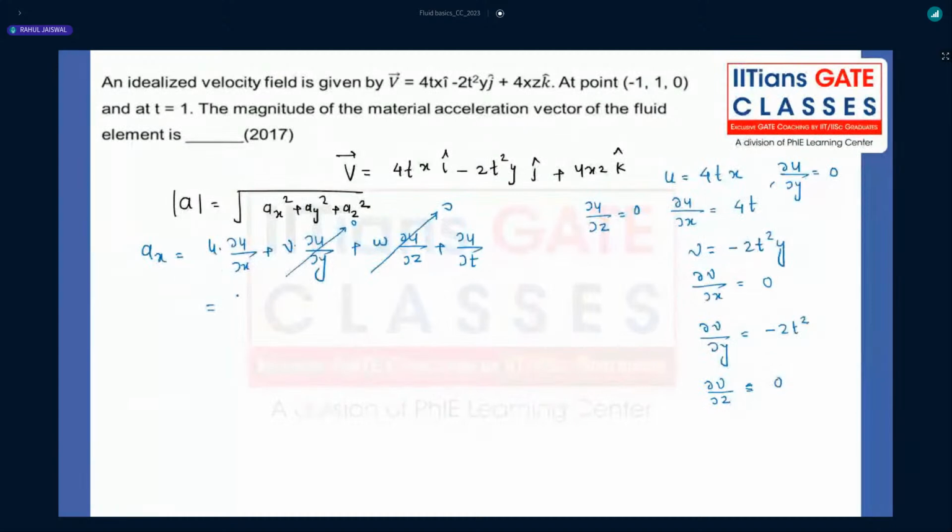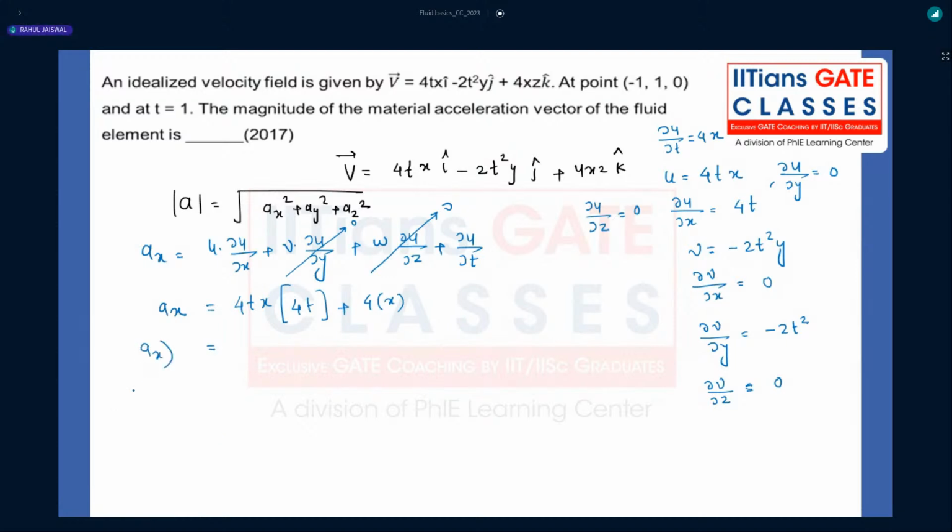So what can we write? u is 40x. ∂u/∂x is what? 40. What about ∂u/∂t? That is 4 into x, right? If I just do ∂u/∂t, what will you get? 4 into x. So this is the acceleration in the x direction. What can we write further?